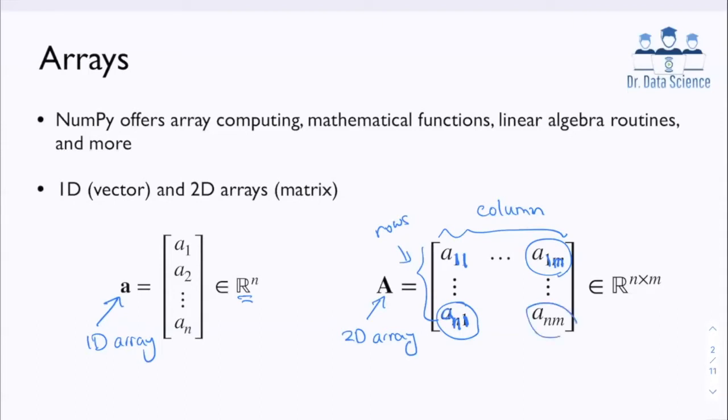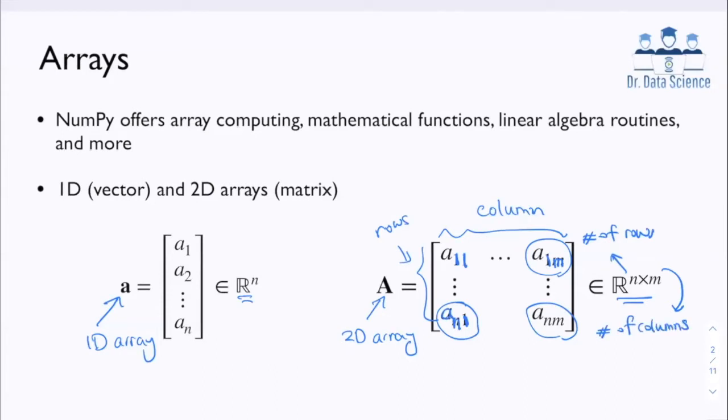And this element here on the bottom right would be ANM because it's in row number N and column number M. In order to represent this two-dimensional array, we use this notation, which shows that we have a two-dimensional array with n rows and m columns. So the general rule is that the first one is the number of rows, and the second one is the number of columns.